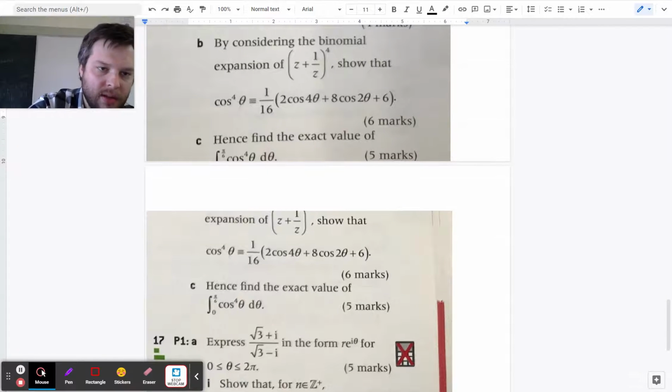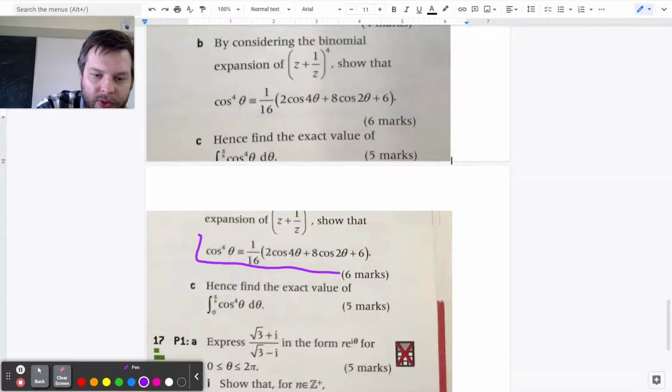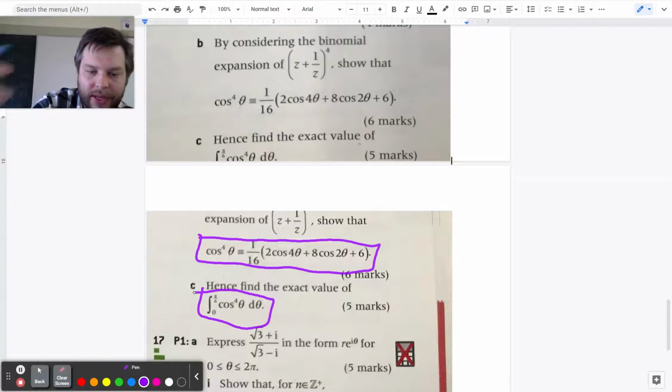Great. Cosine to the 4th theta would be kind of hard to deal with as just a regular integration problem, because you might need to use some trig substitution, you might need to use some trig identities, but we actually have just worked out in part C this wonderful trig identity here. And so I'm going to take the integral and just rewrite it in terms of the identity we just proved.